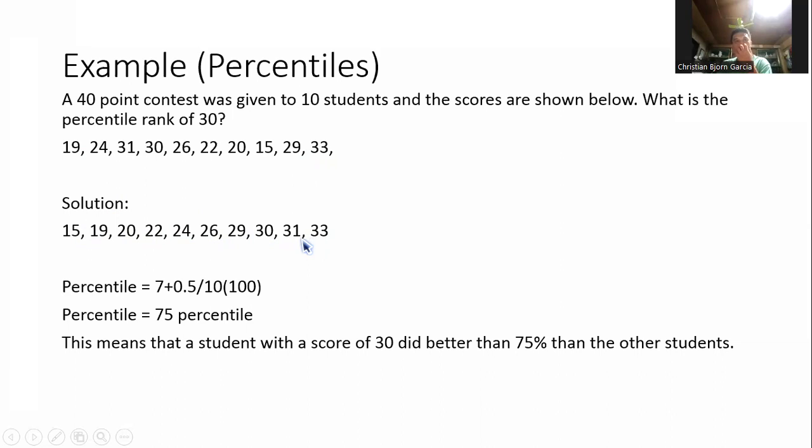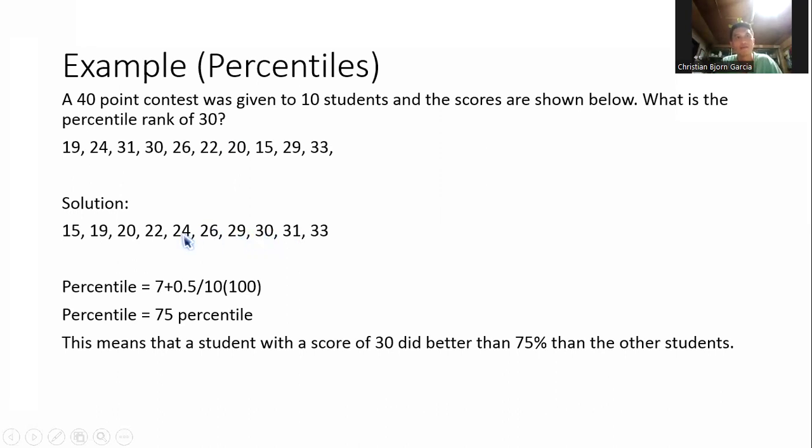Now we know that the formula for getting the percentile rank is number of values below x plus 0.5 over 10 multiplied by 100. As we have arranged the data in ascending order, we can now count how many scores or values there are below x.